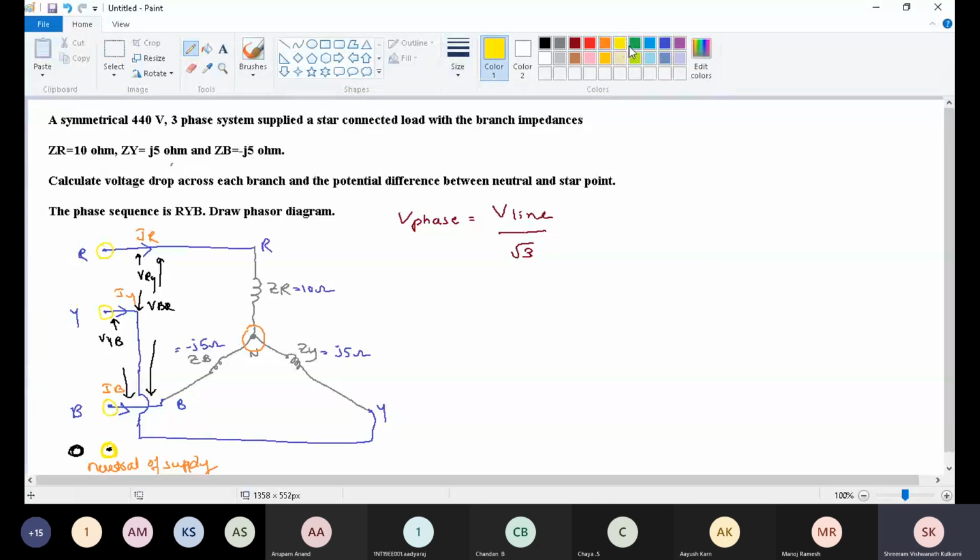Now we need to calculate VR0, VY0 and VB0. VR0 is given by V line by root 3, so my line voltage is 440 divided by root 3. Now tell me what is the angle I need to mention here for VR?